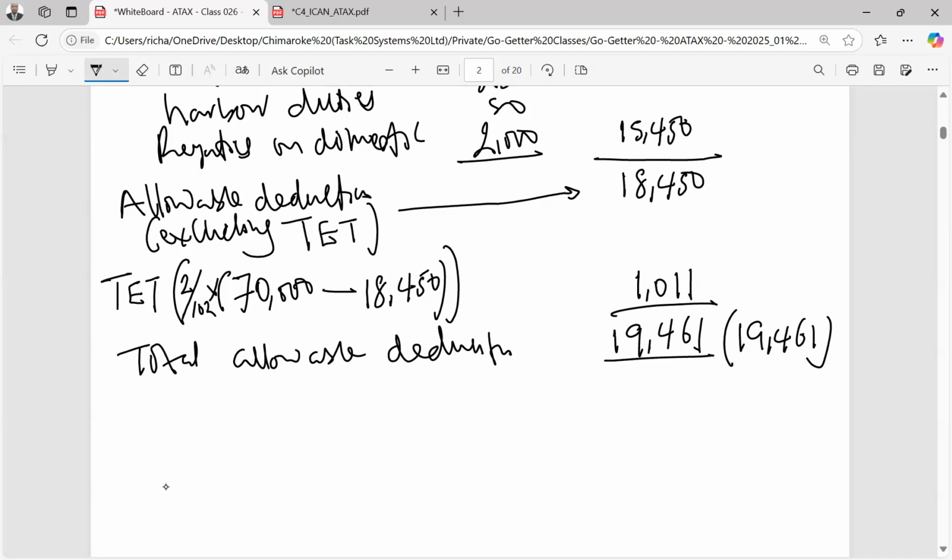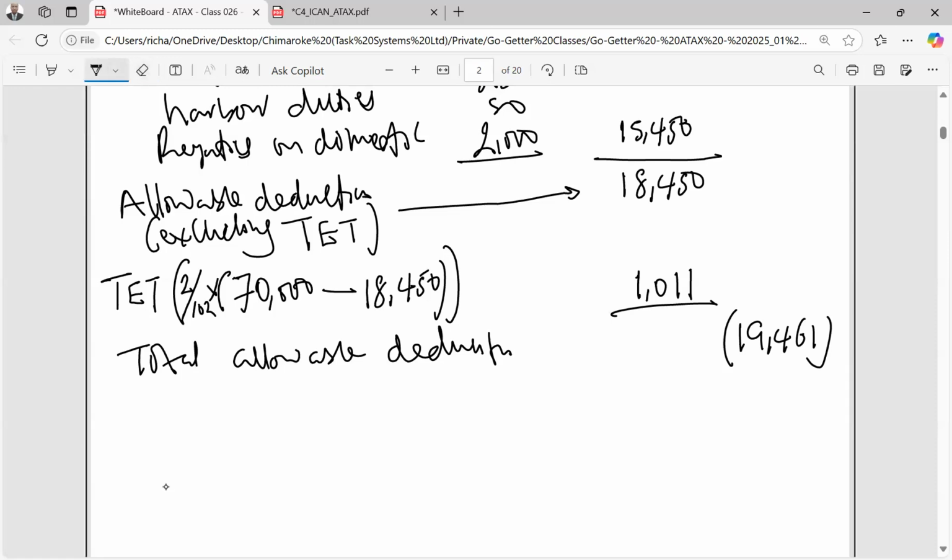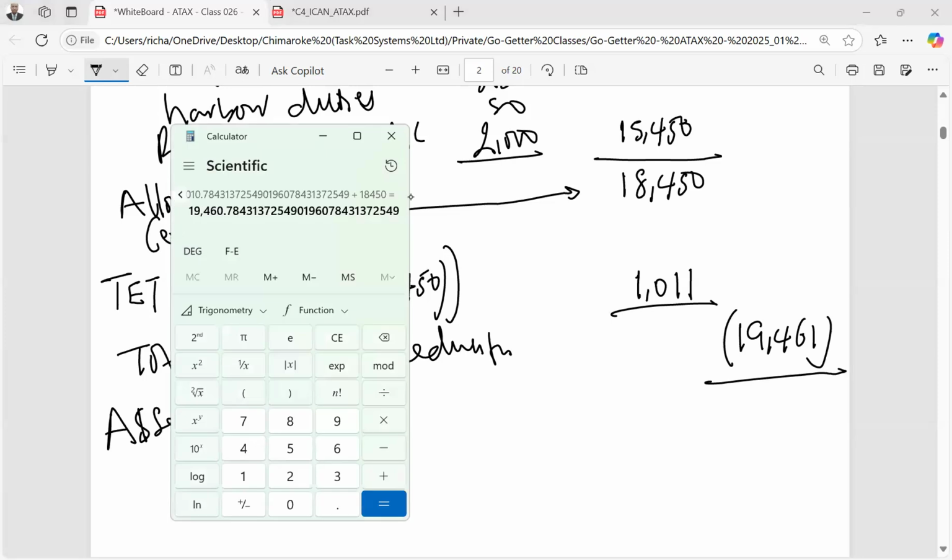So we're going to remove this from 70,000. This is your 100% accessible profit.